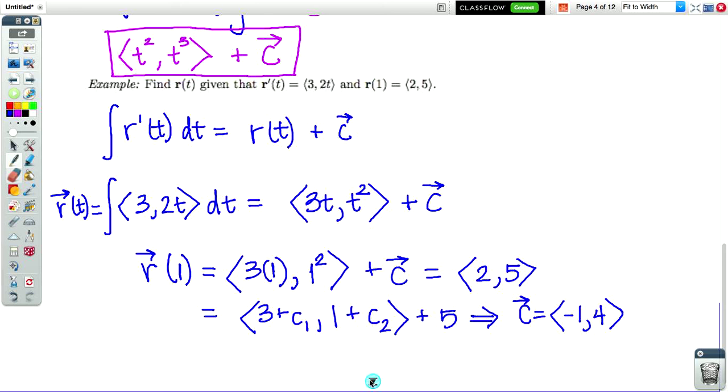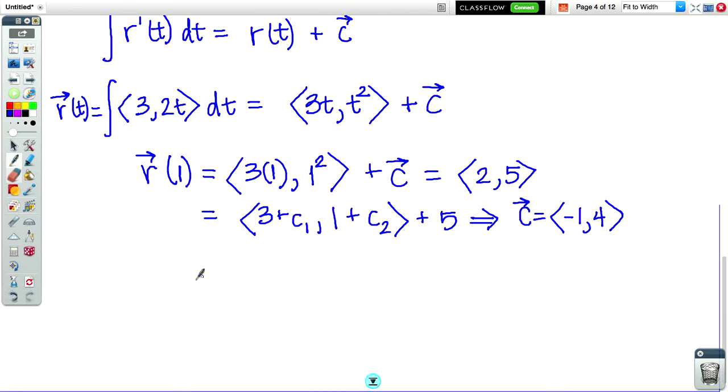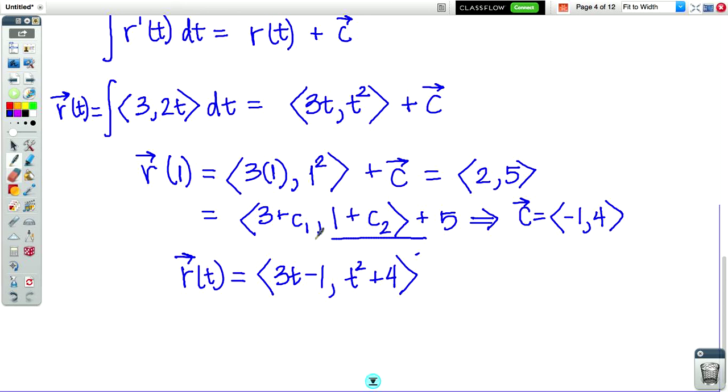Putting all of that together, my final answer, r of t, is 3t, and I'm just going to put my constant vector into each component. So 3t minus 1, and then t squared plus 4. And now I don't have a plus c because I already solved for it.